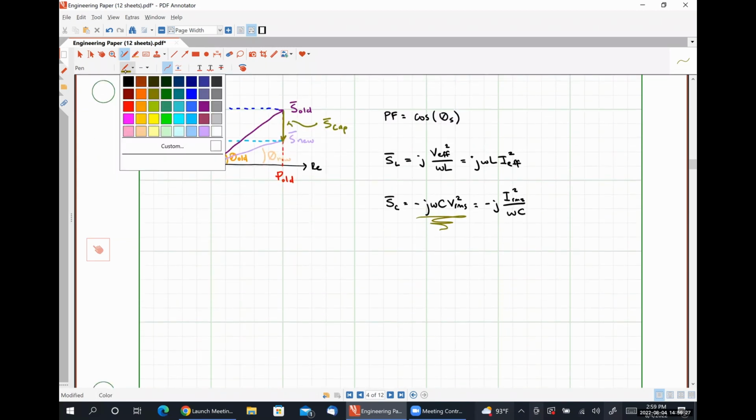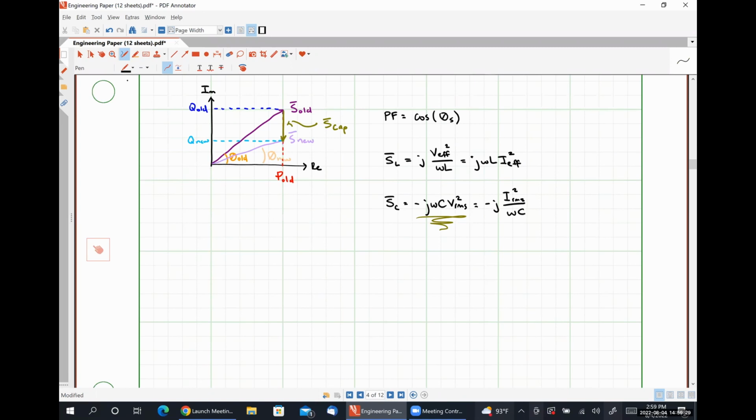So mathematically, what this process looks like is we have S old is equal to P old plus J Q old.